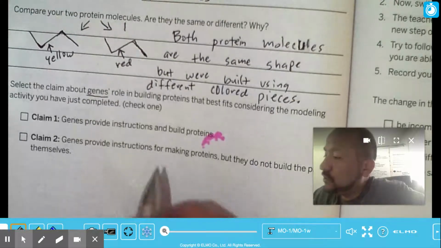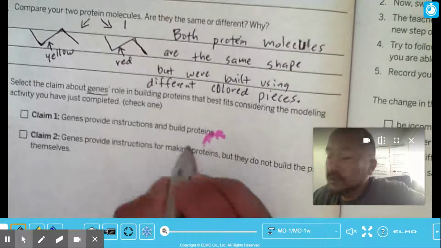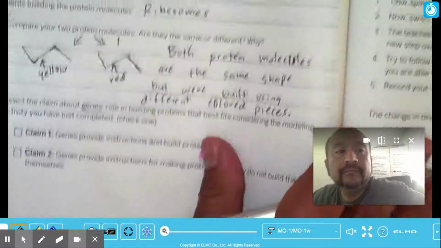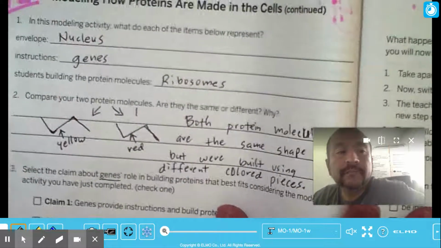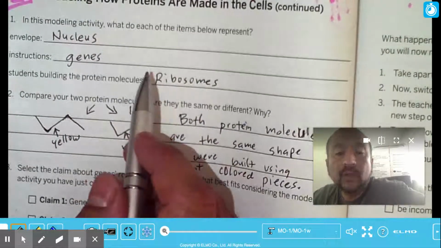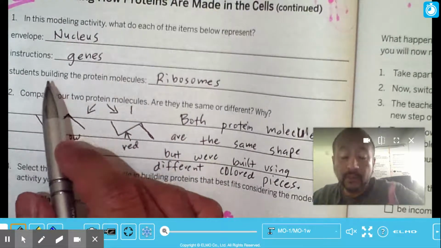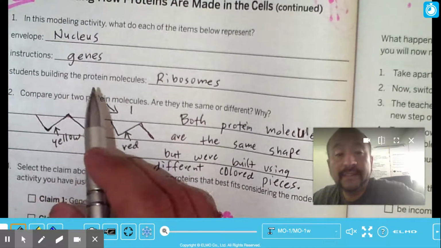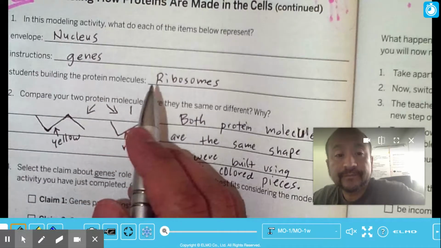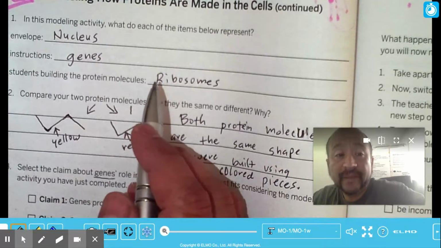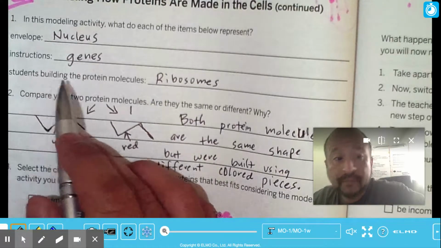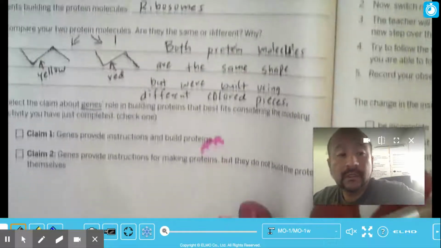Well, we know that genes do provide instructions, but do they build the protein? Who builds the proteins? Well, the teacher was building the protein in the video, right? Which would have been you if you were doing the activity. But the ribosomes are in charge of actually building the protein molecules.